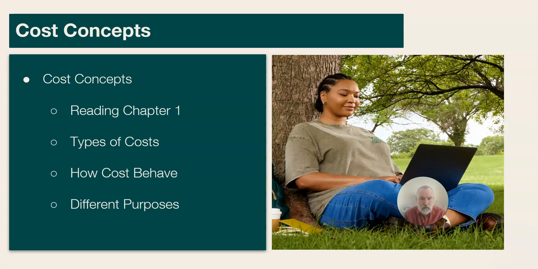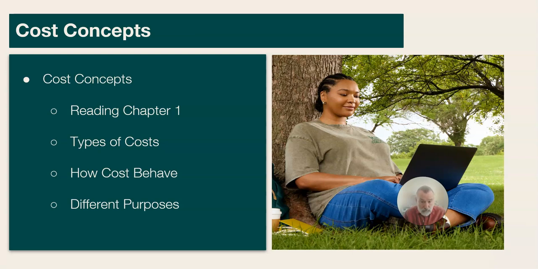In Chapter 1, you'll learn how costs are classified and used for different purposes. We'll examine the type of cost, such as direct and indirect, fixed versus variable, and product versus period. We'll determine how costs behave, why understanding cost behavior is essential in predicting profits and making decisions.